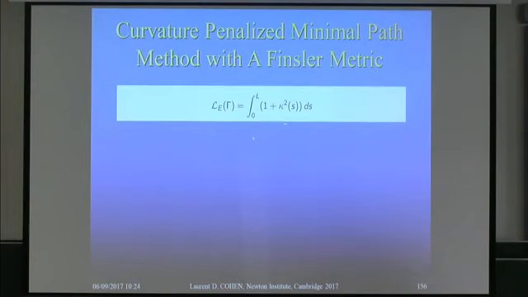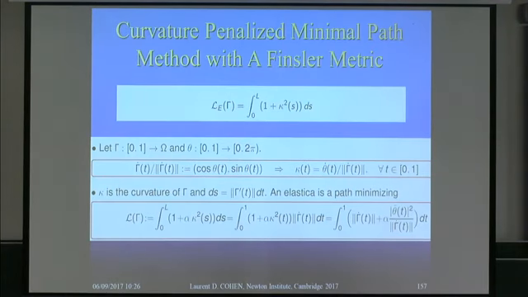So finding the curve minimizing this energy, where k is the local curvature of the curve, can be transformed into a problem where you find the minimal length curve according to a Finsler metric. And this is done the following way. If gamma here is a curve, then classic calculus says that if you define theta of t as the local orientation, it means that gamma prime over norm of gamma prime is exactly cos theta, sin theta.